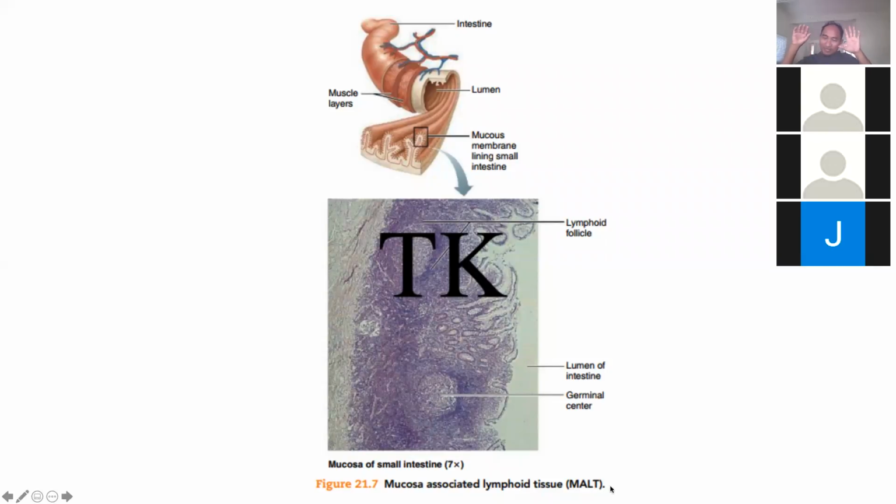This will be a little bit important. I just want you to remember that along our intestinal mucosa there are lymphoid tissues, and they are called MALT, M-A-L-T.